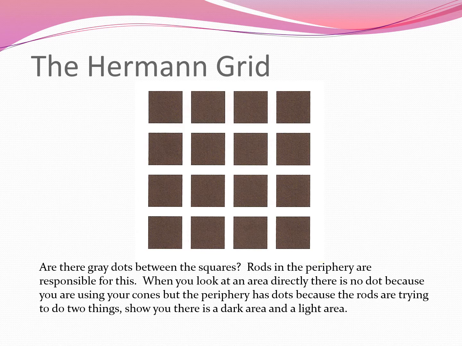So when you just stare at it, there's black and there's white. Well, your rods try to tell you that it's light and dark, so that's why you get these gray spots. I'm sure you've seen it somewhere when you've stared at things before. The reason you get those gray spots that aren't really there is because your rods are trying to do two things at once and can't, so it blends together and you get gray spots. But if you look directly in between the squares, obviously you just see white. That's because you're using your cones now.